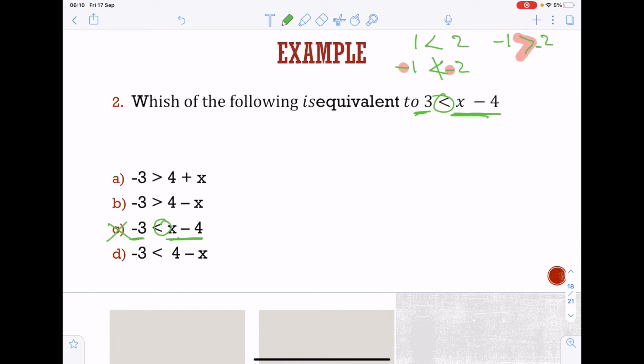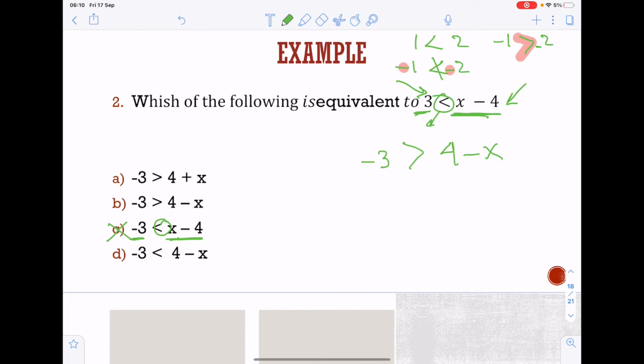For x minus 4, if we multiply x minus 4 by a negative, we will have 4 minus x. Which means if we multiply this side by a negative, we have to multiply this side as well, so negative 3, and we will switch the sign.